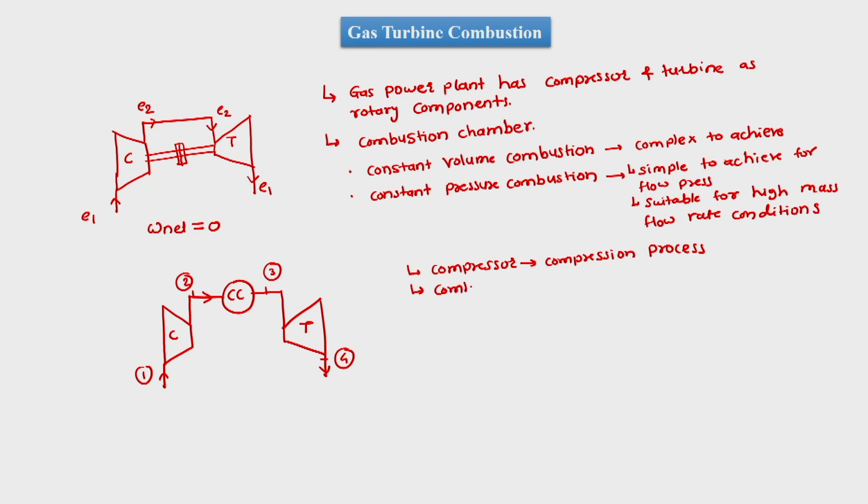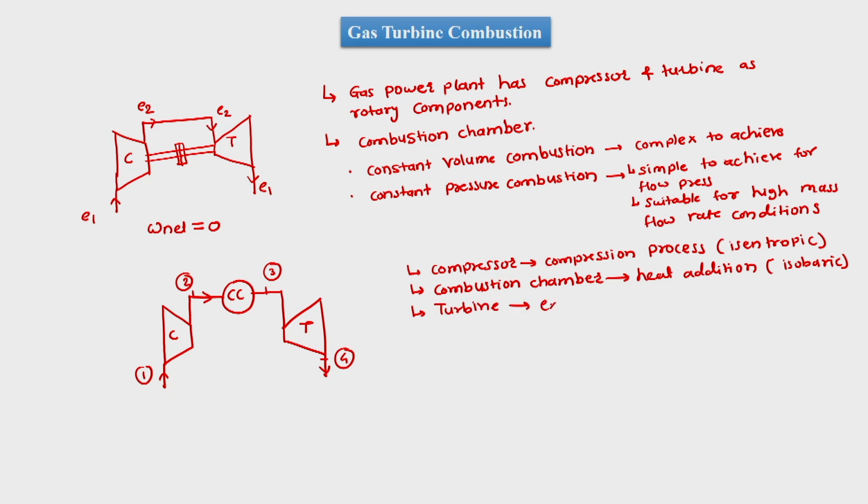Here we have the combustion chamber for the heat addition process, which is an isobaric process. And then we have the turbine for the expansion process, which is also an isentropic process.